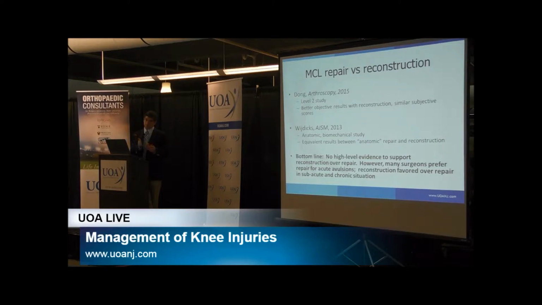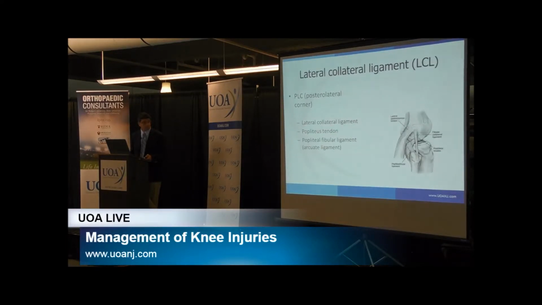If something's ripped off the bone rather than torn in the middle, it's easier to repair it as well. That's an avulsion. If you can repair the avulsion back to the bone, that's easier and probably stronger than repairing it in the middle. So in the chronic situation and subacute situation, and sometimes in the acute situation, we will opt for a reconstruction.